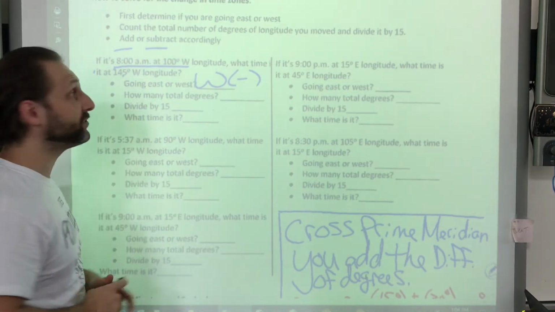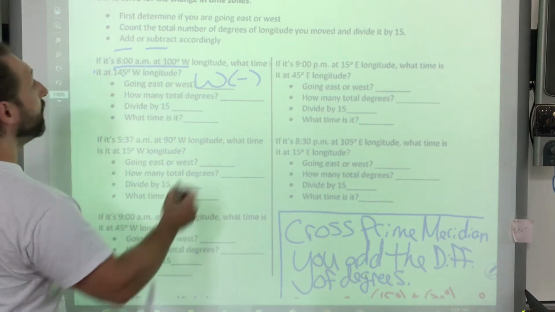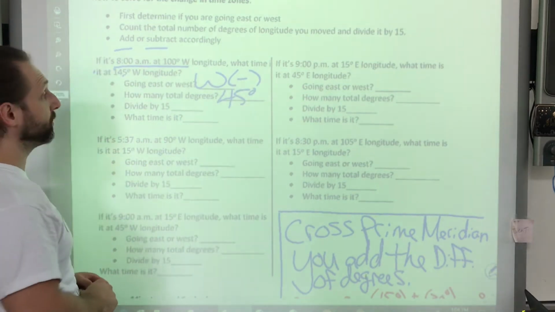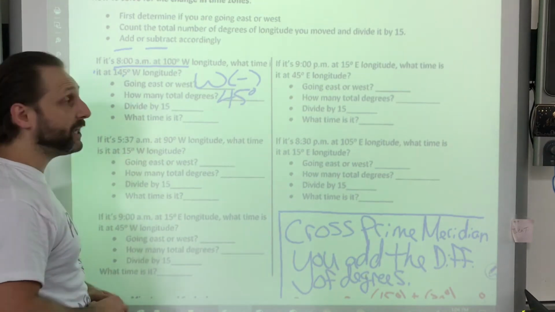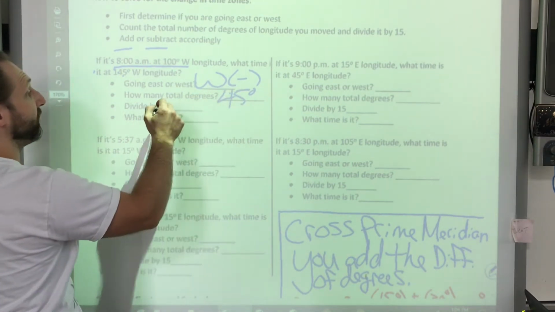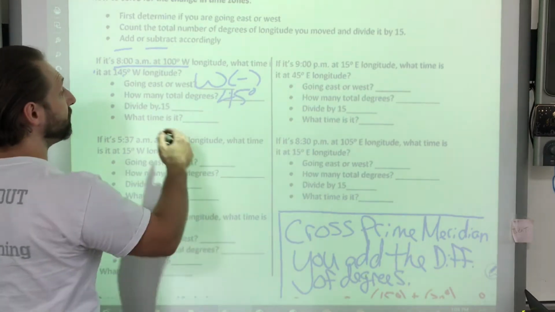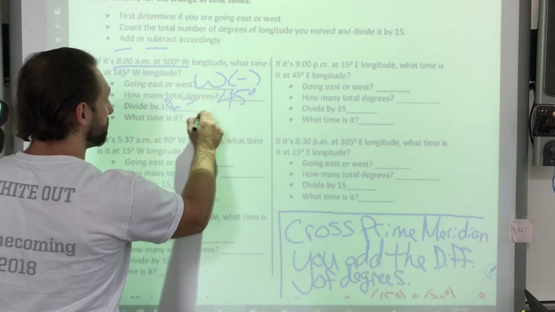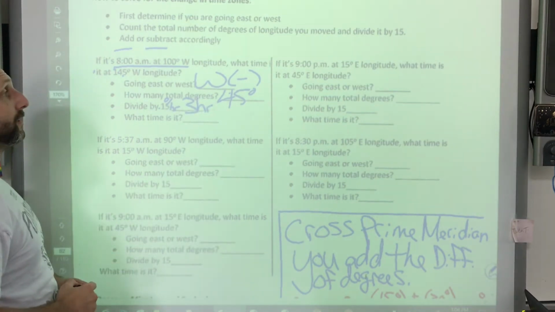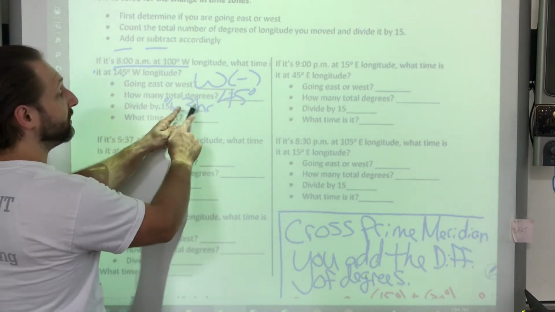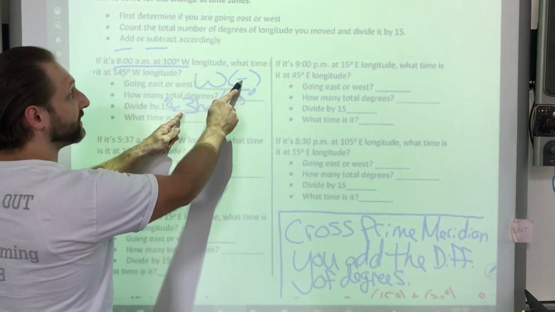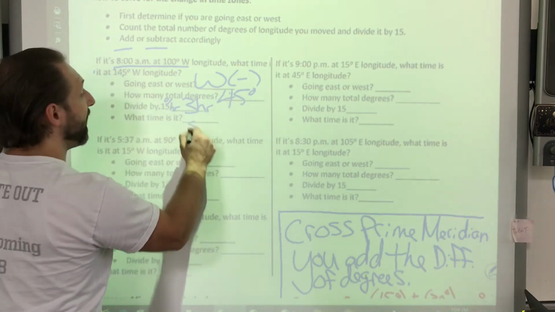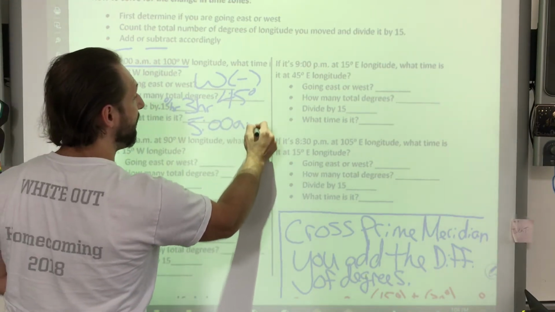How many total degrees? We have to find the difference. The difference between them is 45 degrees of longitude. We're going to divide that by the rate of rotation, 15 degrees per hour, and we get 3 hours. We're subtracting it from the original time, so we end up with 5 a.m.